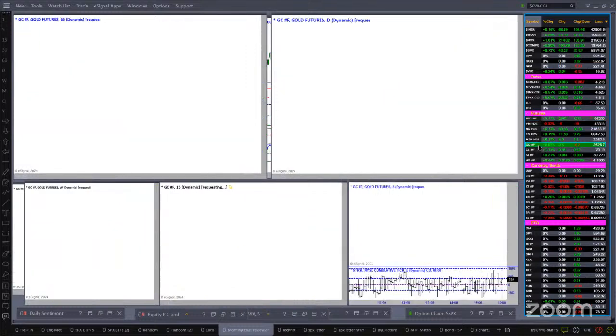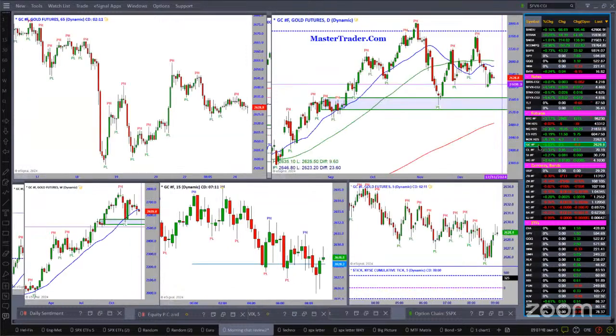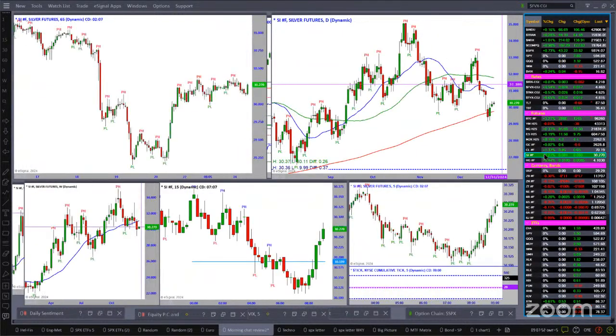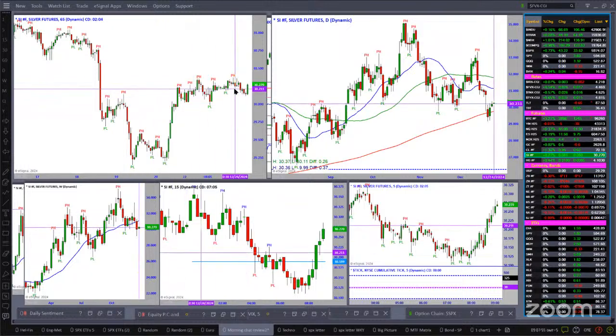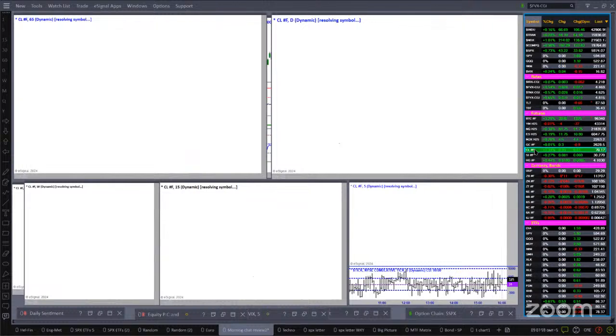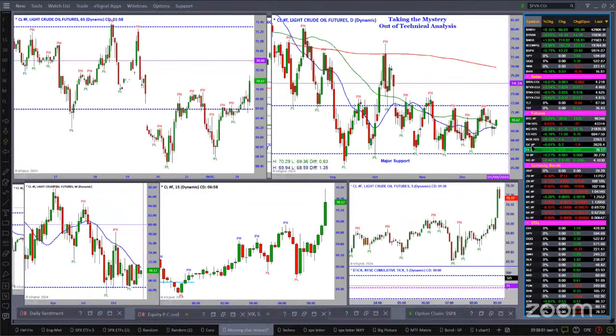Gold not doing anything much here, kind of dead in the water. Silver, similarly, sideways. You can set alerts if you're interested in gold or silver. Oil continues to hold up here. Unlikely it's going to do anything of significance.